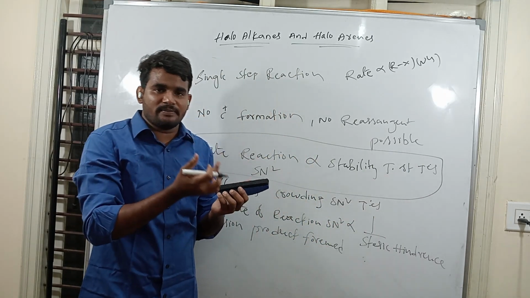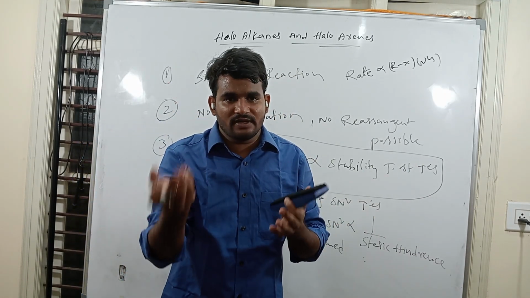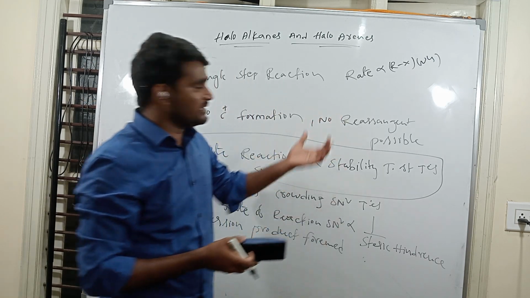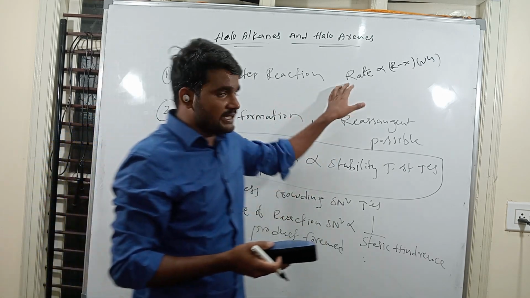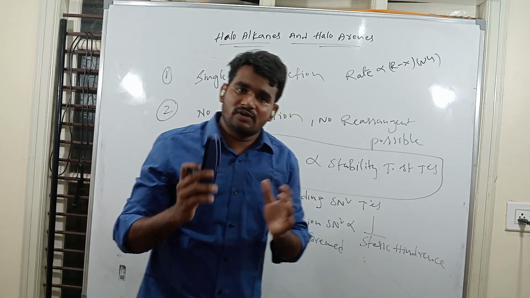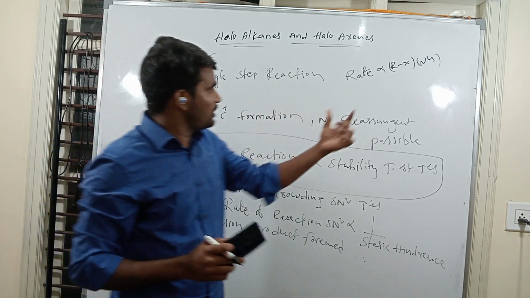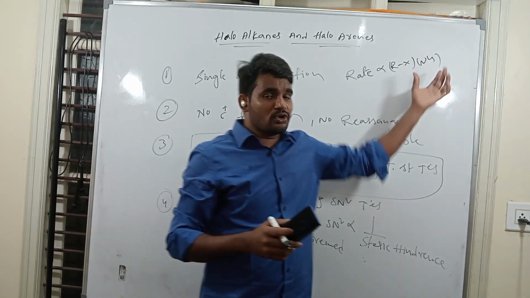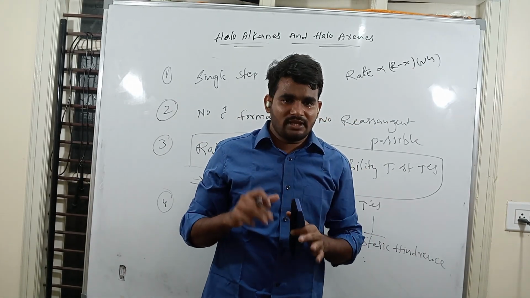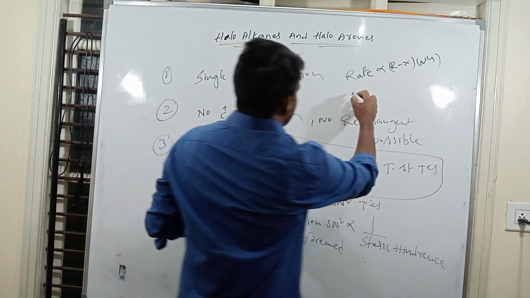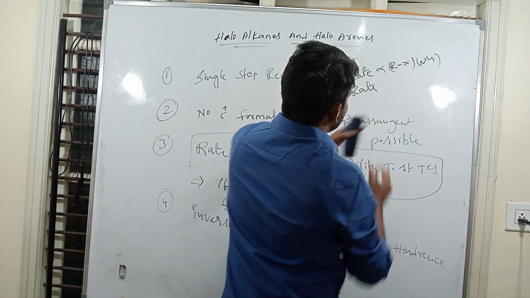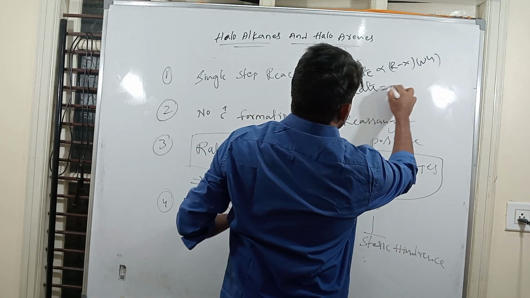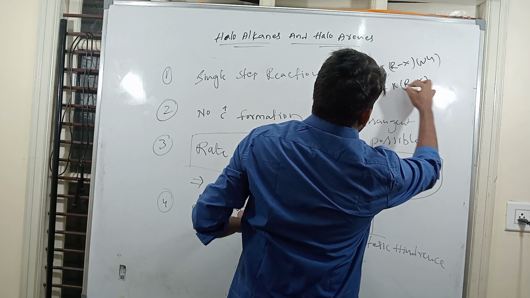After carbocation formation, any nucleophile, weak or strong, attacks to form a product. But here, a strong nucleophile is needed in the SN2 reaction. So in the SN2 reaction, both alkyl halide and nucleophile are involved in the rate of the reaction. So the rate is directly proportional to the alkyl halide and the nucleophile. Rate is k times alkyl halide times nucleophile.